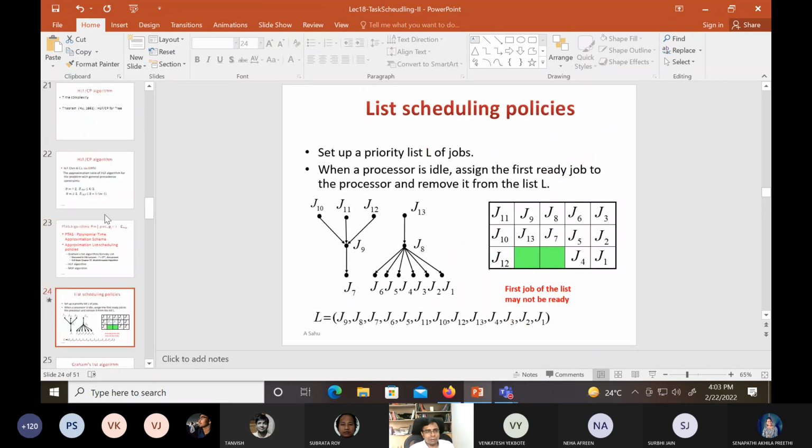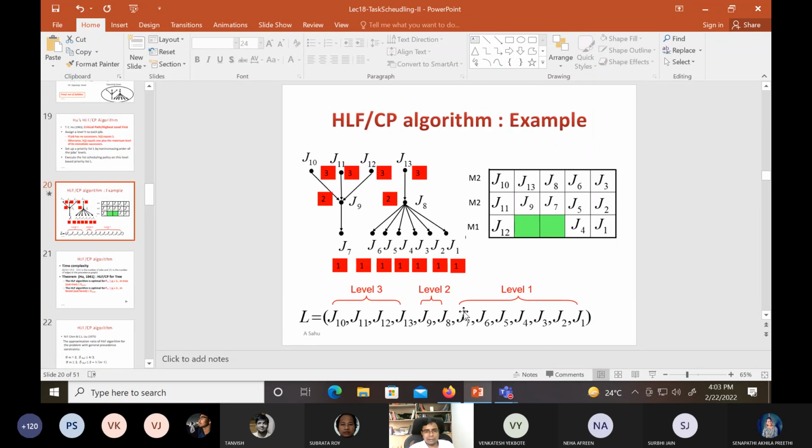In this case, we are creating the CP algorithm, so this critical path algorithm takes it in this way. Otherwise, we can go for other varieties, like most successors or any other varieties. But HLF or the CP algorithm is proved to be optimal for trees, and not for DAGs.